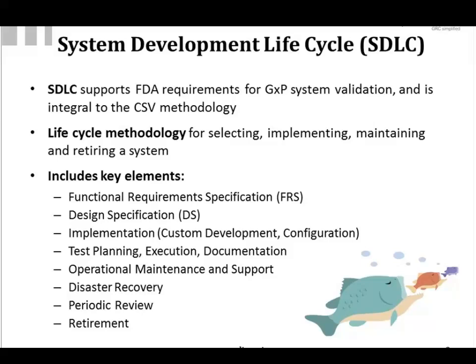And then periodic review, where at least annually you'll look at your system and look at the change control that's been in place and changes requested throughout the year. And based on those changes, you might have tested at the time, but based on those changes added together, do you need to do any other testing, maybe some end-to-end testing, to show that the system changes didn't impact each other?